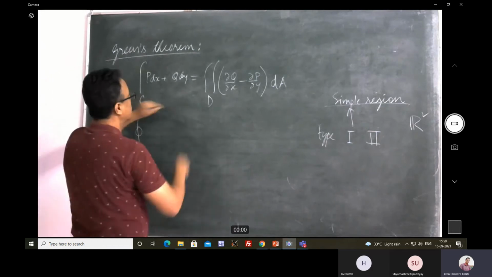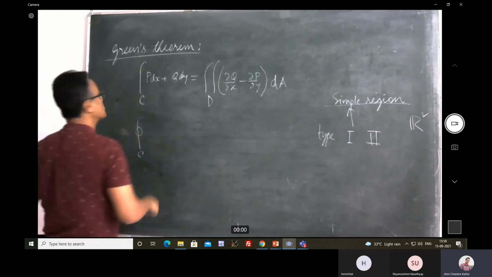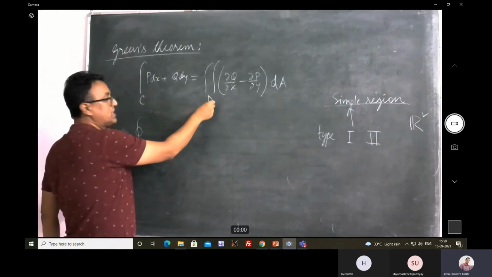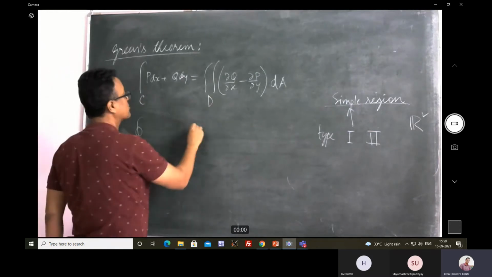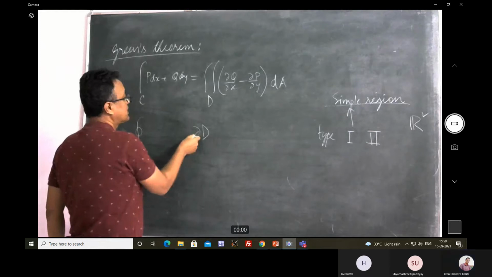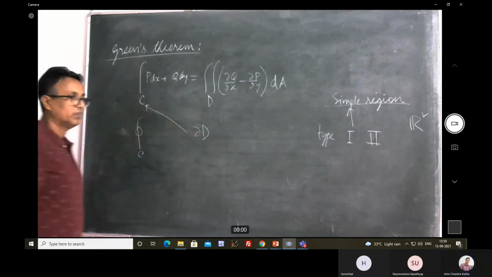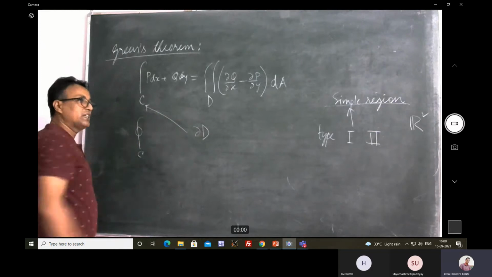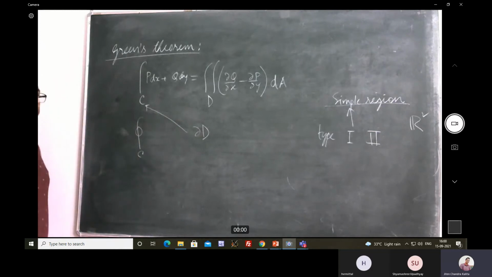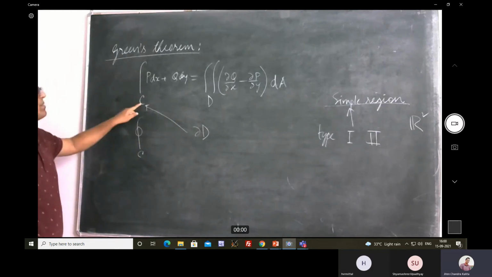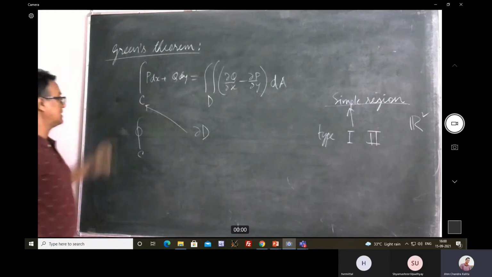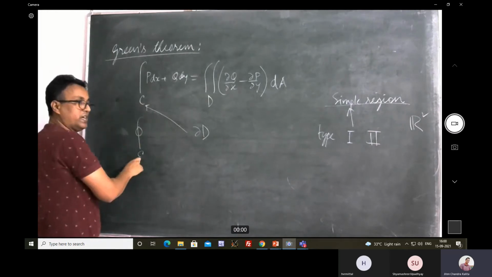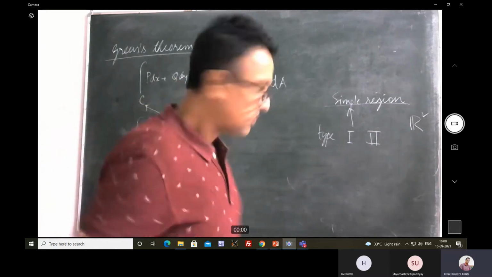And sometimes, in order to denote that C is the boundary of D, they also use ∂D or ∂C. So please don't get confused, they all denote the same curve C. And this one is used when C is a closed curve.